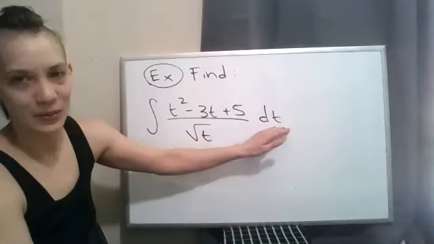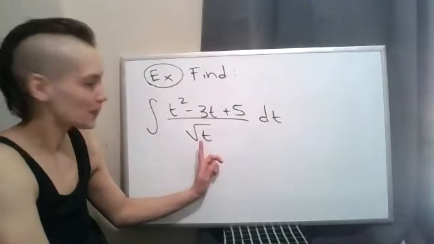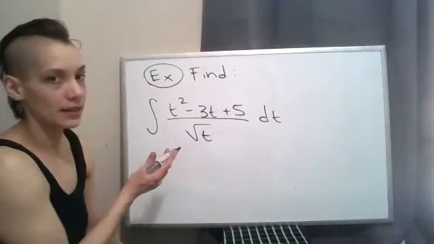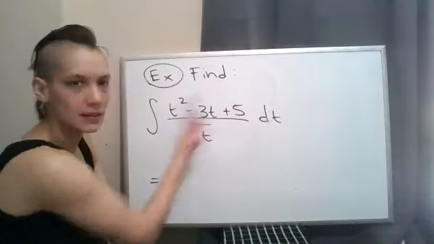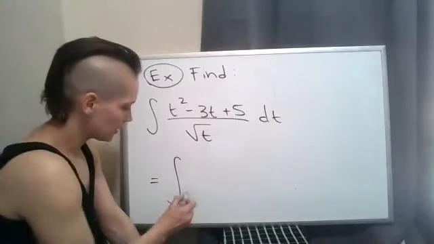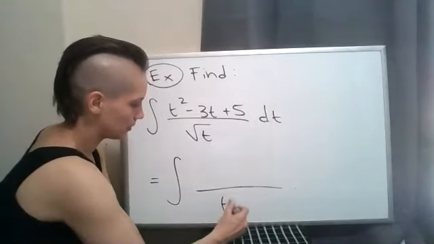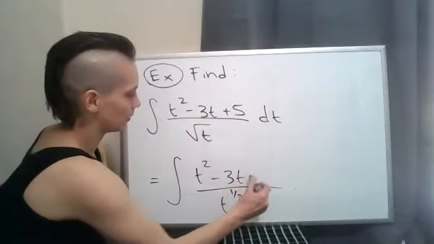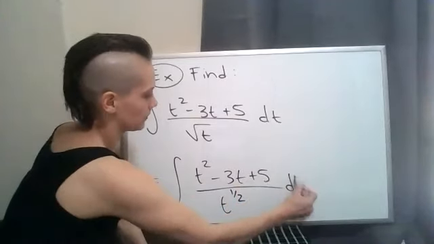So integrating with respect to that variable, which is t. All we're going to do right now is rewrite this piece in here. So t to a 1/2 power is down below, t squared minus 3t plus 5 dt.